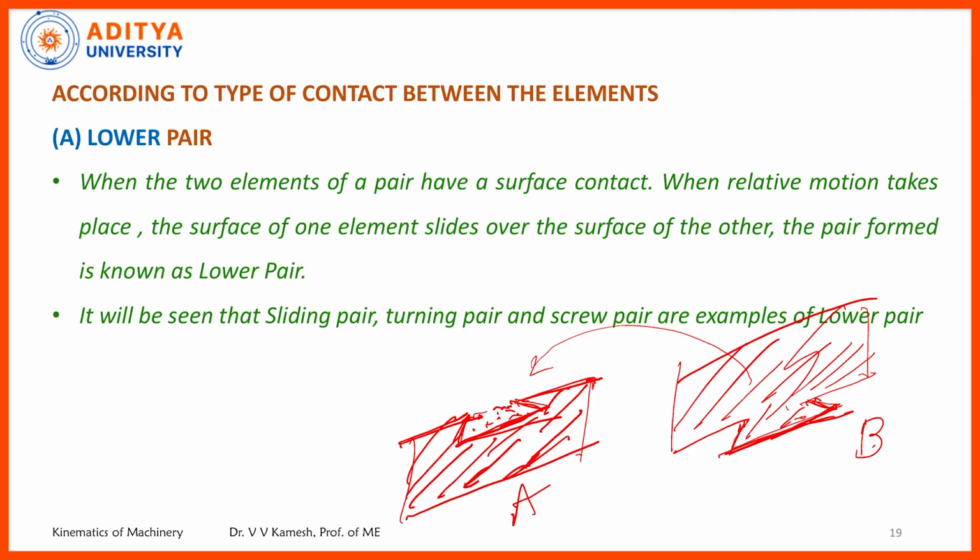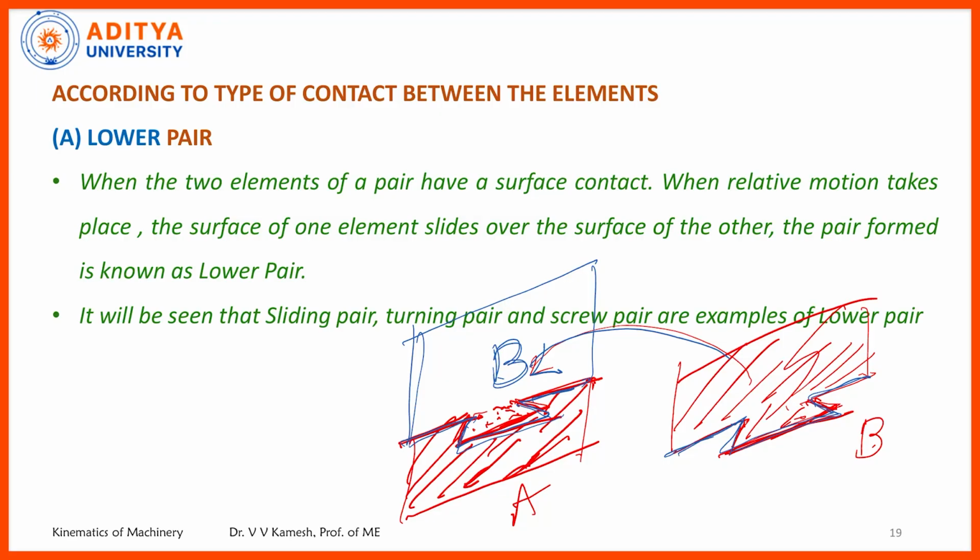Now B is to be moved over the surface of A such that this particular contour mates with this. Then what is the final assembly? B will move over A, and the final assembly will be like this. So I need to move like this.